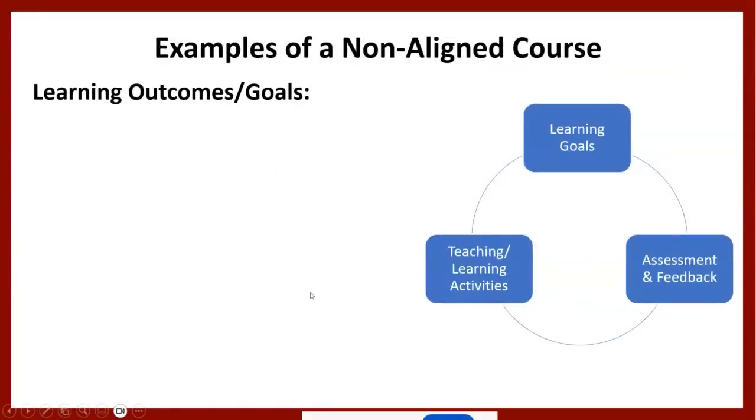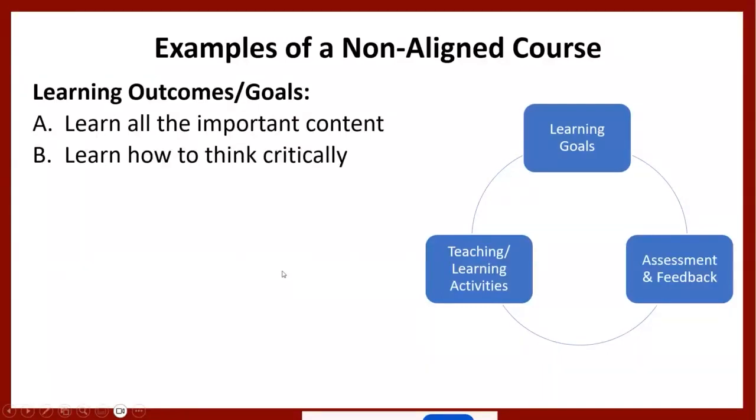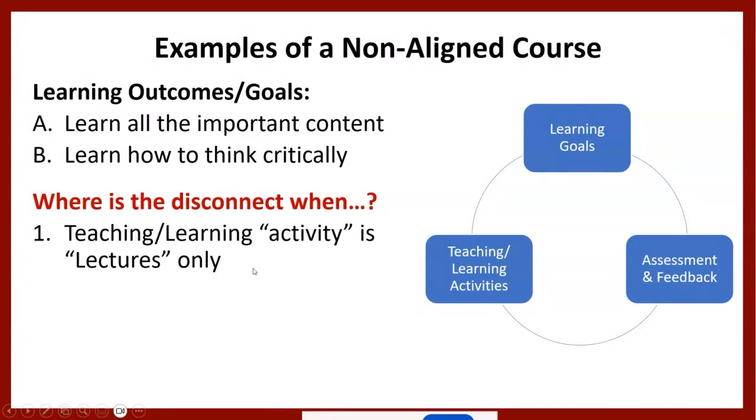Say you have a course where your learning outcomes, your goals for the course, are you want them to learn all the important content, of course, but you also want them to learn how to think critically. So say, for example, you have an activity, what you actually do in the class, the teaching activity you do, and the activity the student is doing, their learning activity in the class, is just lectures.